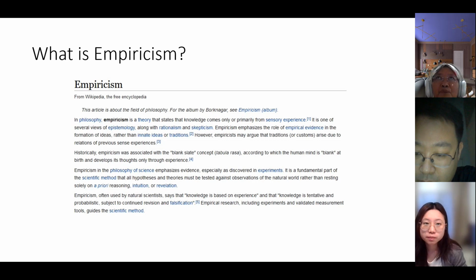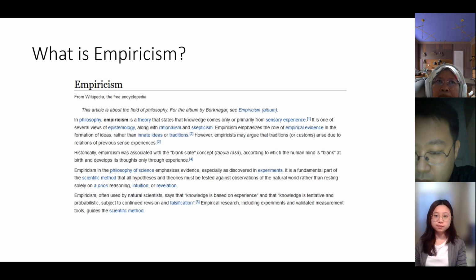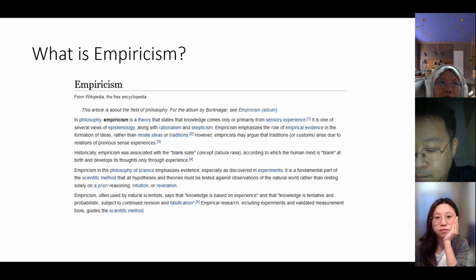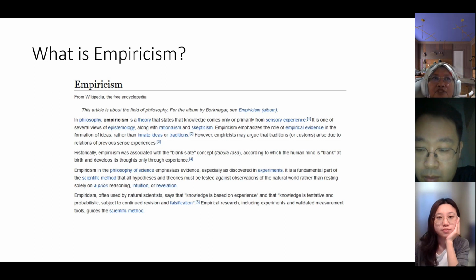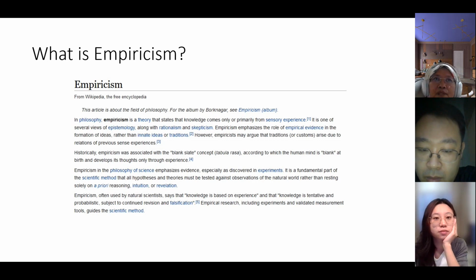Innate means you're born with it. That means it is postulated that in your brain, we have a part which specializes or functions for language, and it has a template for languages. So with that template, all the child needs to do is to be exposed to the language. So that is innate. All right.